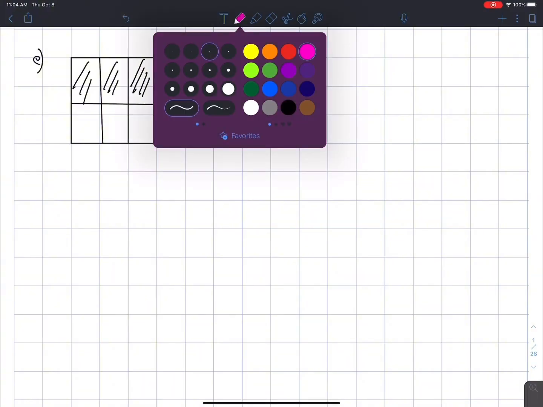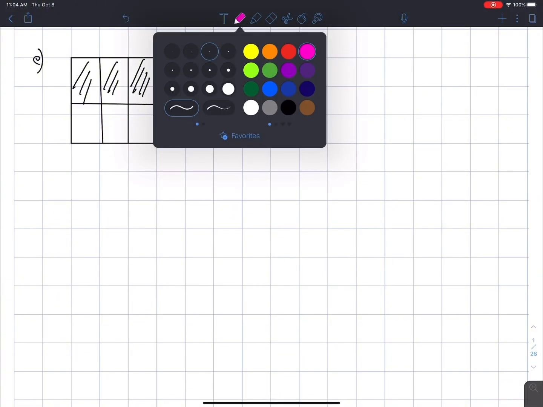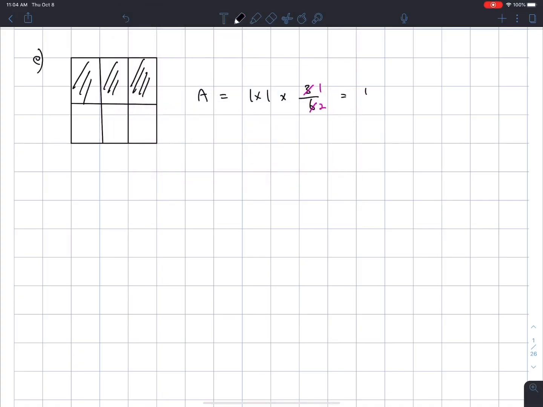I simplify before I multiply. Divide 3 by 3 to get 1, divide 6 by 3 to get 2. So my final answer becomes 1 times 1, which is 1, and then I put it as 1/1 times 1/2. I multiply the numerator. 1 times 1 is 1, denominator 1 times 2 is 2. So the area is just a half. And F.